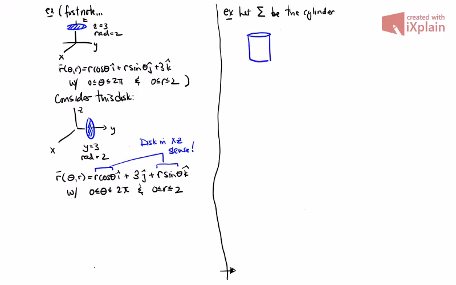We'll say it goes up to z equals 5, and we'll say the radius is 3. The reason this is different is that the previous examples always paired the variables together in a familiar way, like x and y, x and z, r and theta. This is different.